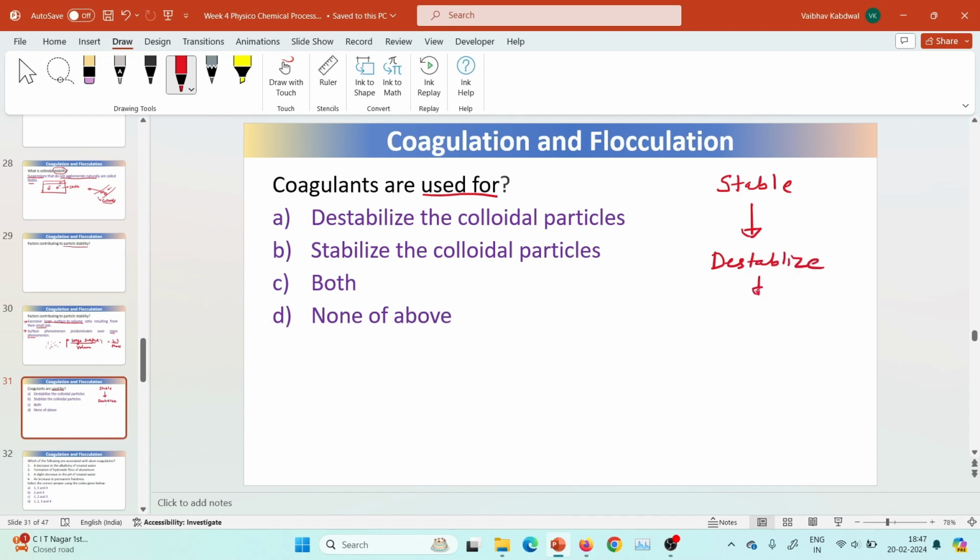How? We will add coagulant. So coagulants are used for destabilizing the colloidal particles. A is correct.